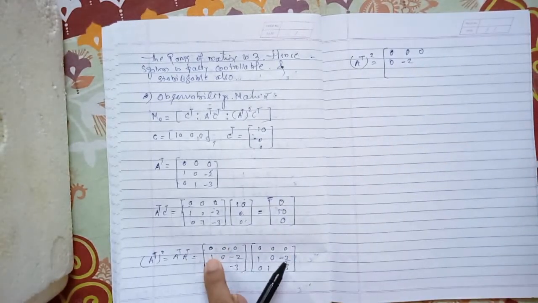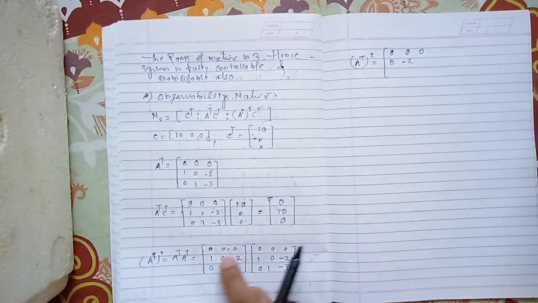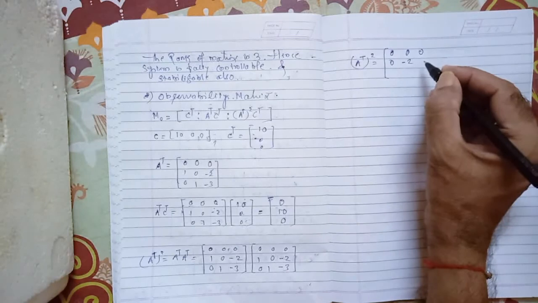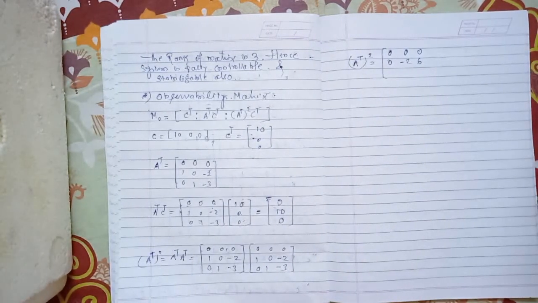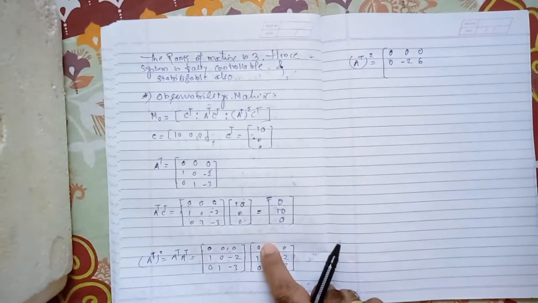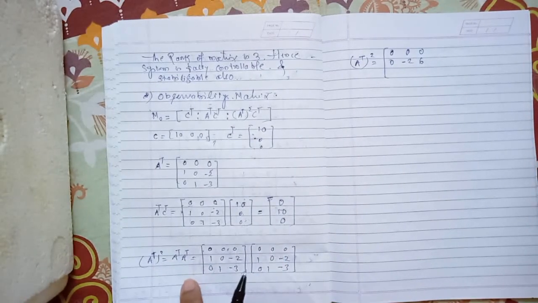So now see here. 1 into 0, that is 0. 0 into 2 minus 2, that is 0. Minus 2 into minus 3, that is 6. So we have 6 here. Then 0 into 0, 1 into 1, that is 1, and minus 3 into 0.